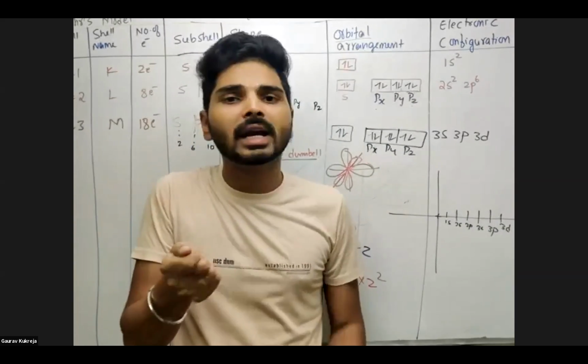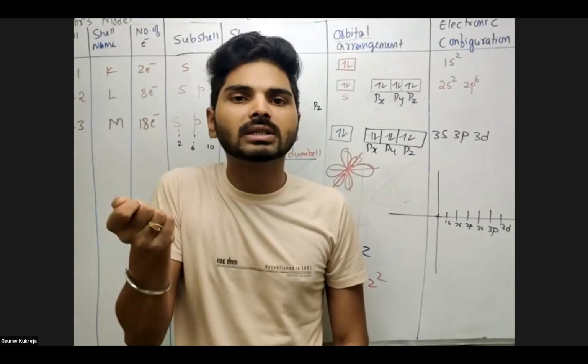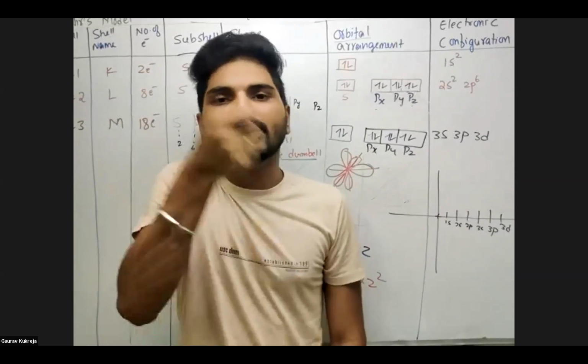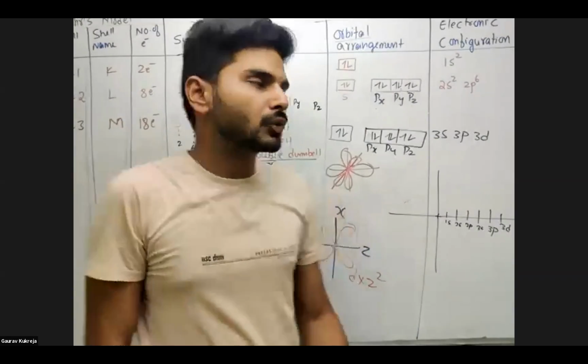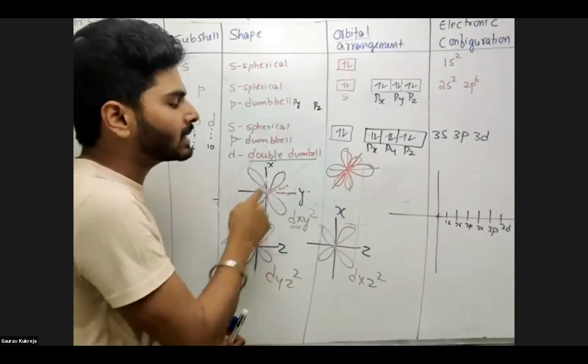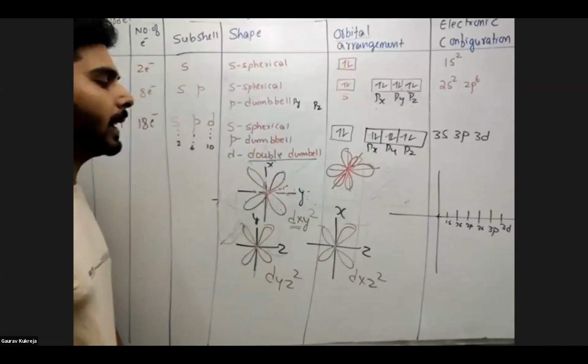Now it does not make any difference. You will get the same type of shape. So having 2 stones tied separately and having 1 stone tied will have the same shape. So that's why having 2 electrons or 1 electron does not make any difference. They will have a double dumbbell manner because they will be placed all across the plane.